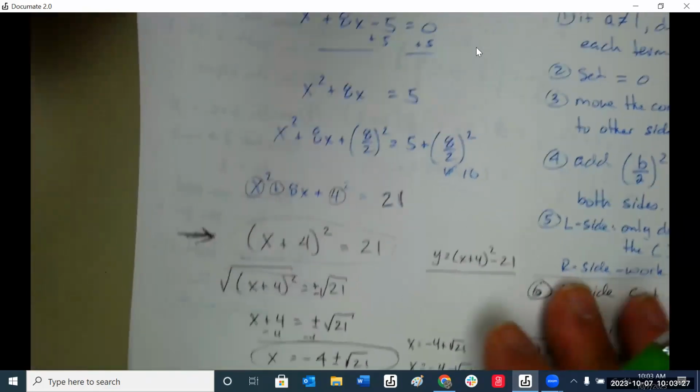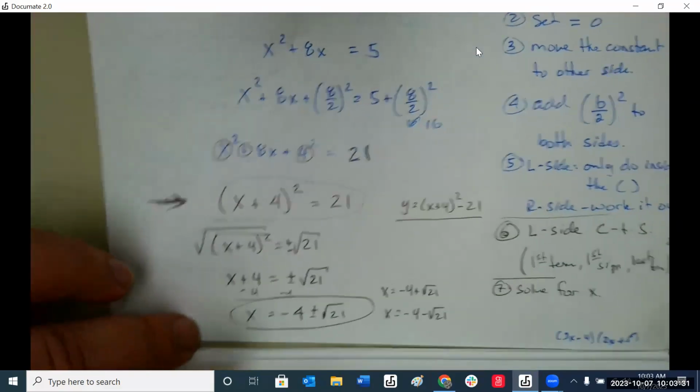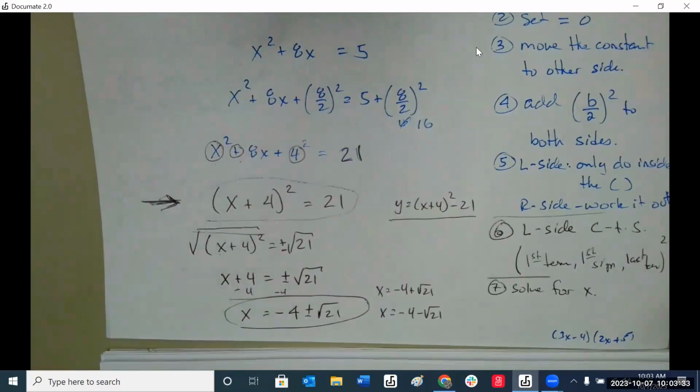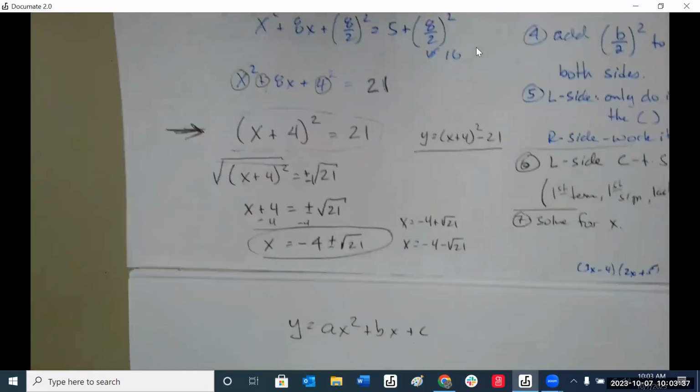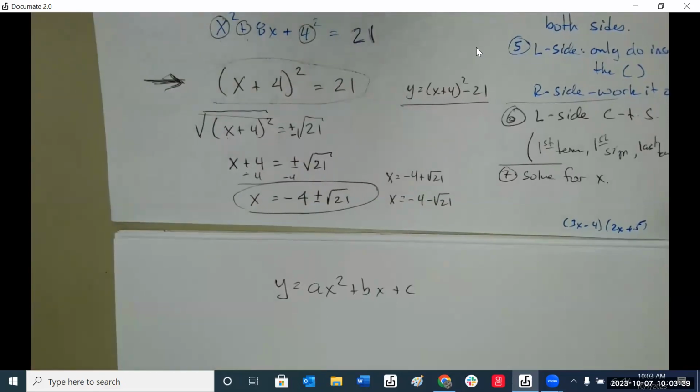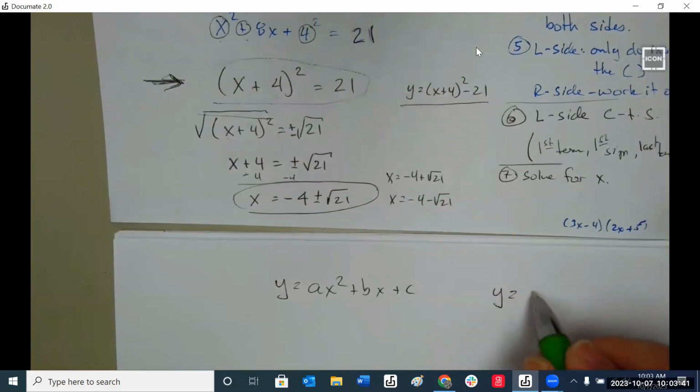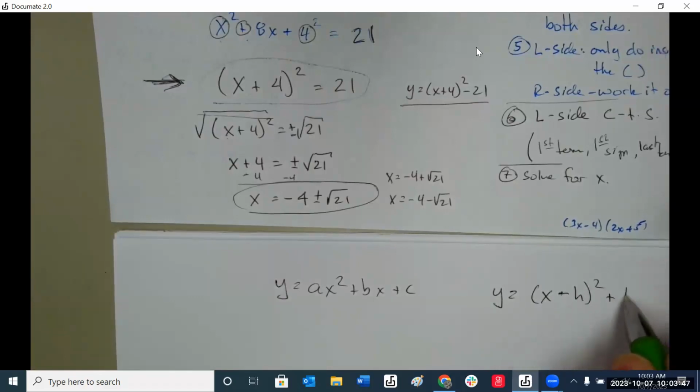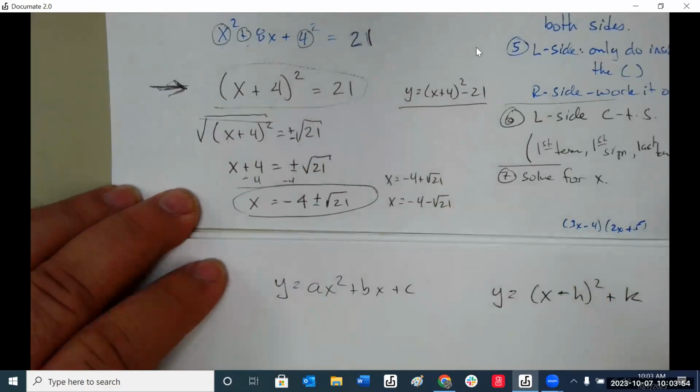Because our first form was ax squared plus bx plus c. Another form that we can use is (x minus h) squared plus k. And that's exactly what that is.